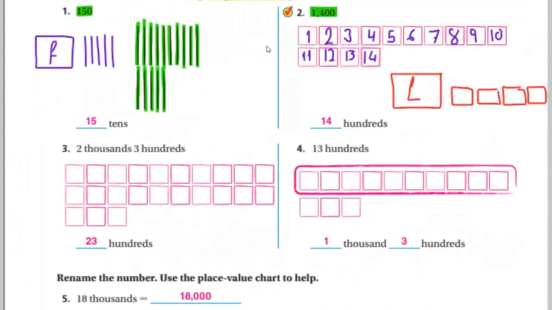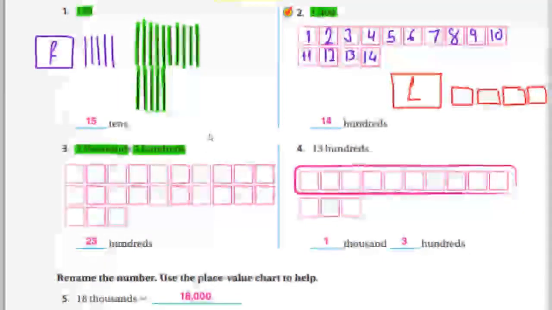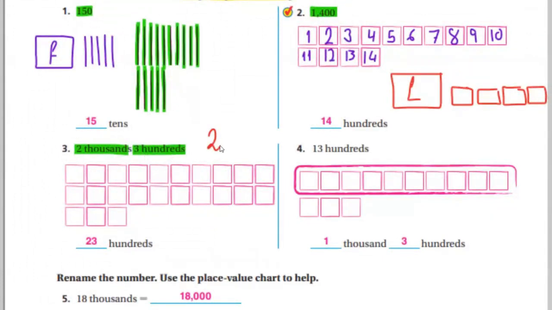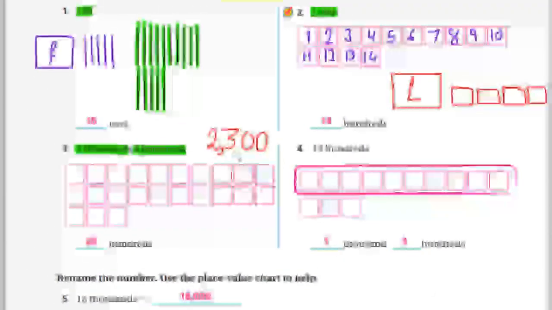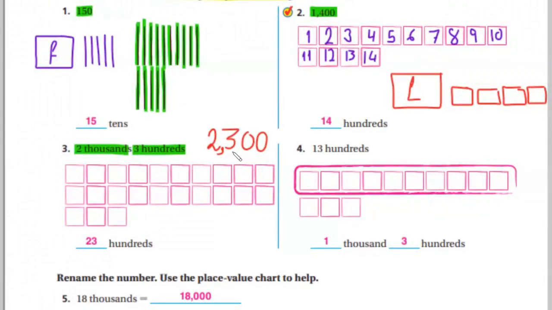Okay, let's move to number 3. We have 2,300. First of all, to be easier, let's write it in standard form. Write 2 in the thousands place, and 300. So that's our number. After that, we can read it as 2,300 or as 2,300s.